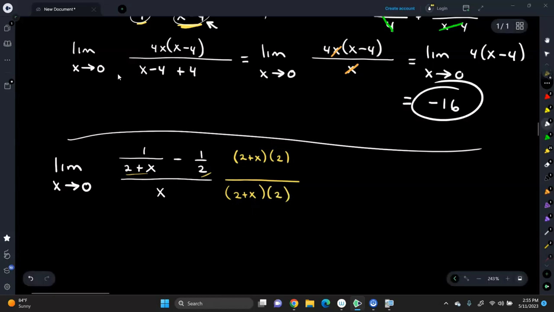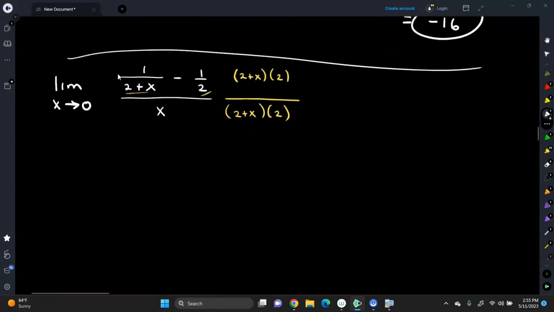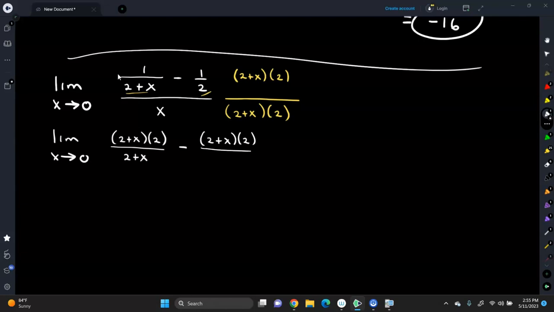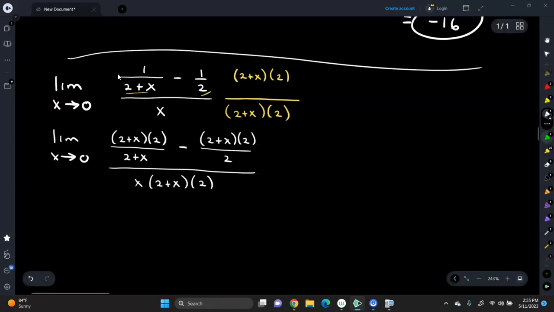And that's going to give us a limit as x approaches 0, right? I'm multiplying everything, so this is going to be 2 plus x times 2 over 2 plus x minus 2 plus x times 2 over 2, over x times 2 plus x times 2. Well, let's cancel things out.